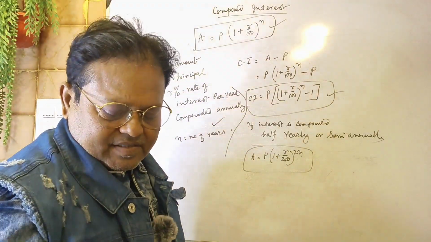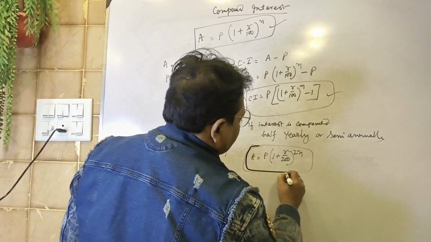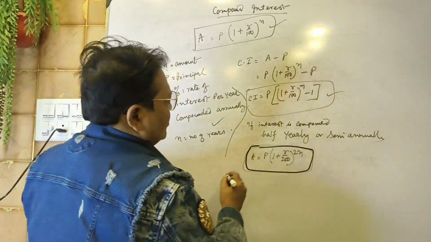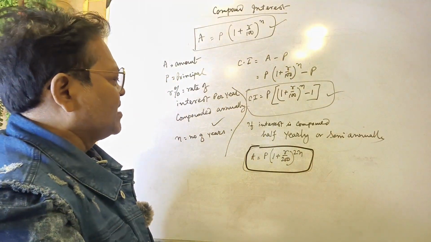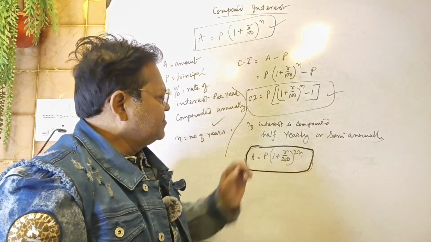That is, A is equal to P into 1 plus R by 200 whole to the power 2n.